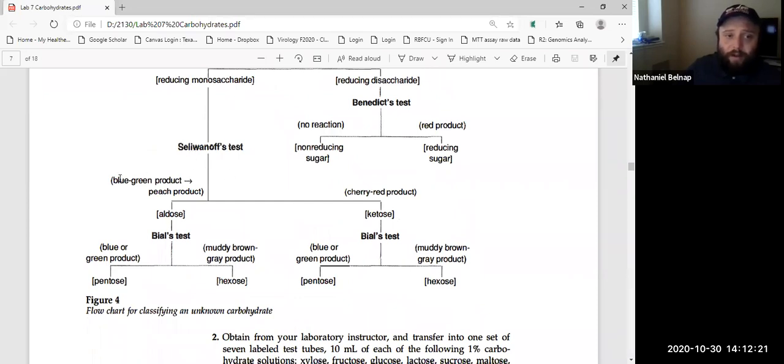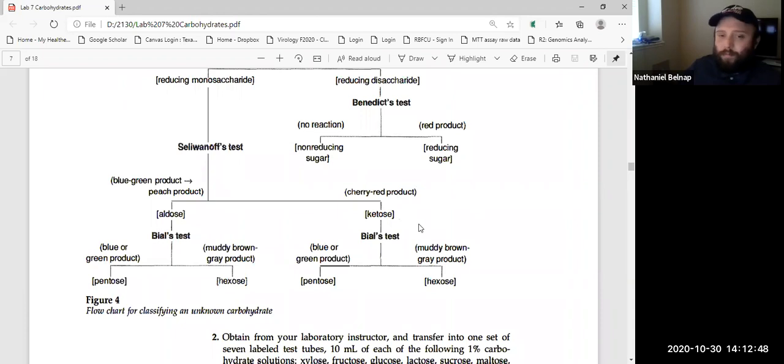And if it goes from a blue-green to a peach product, like Lauren pointed out, it's an aldose. And then from there, you ask, is it pentose or hexose? Blue or green product, pentose. And Bial's test, muddy brown-gray product, hexose. And if it turns cherry red, it's a ketose.